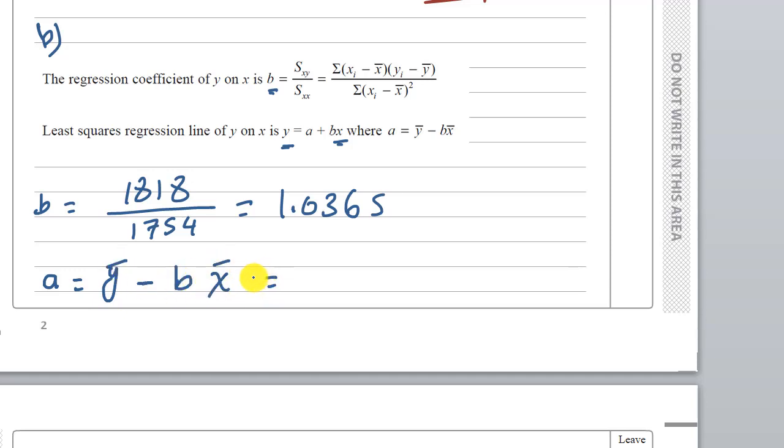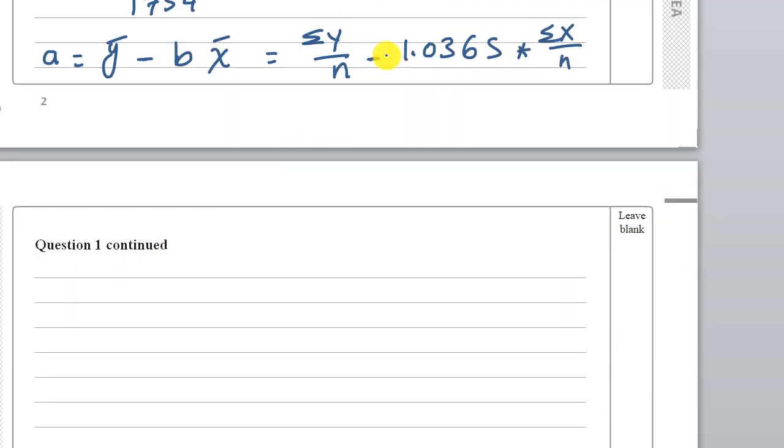Okay, now a is equal to y bar minus b x bar. So y bar is equal to summation of y divided by n, minus 1.0365 multiplied by summation of x divided by n. The summation of y is equal to 0.